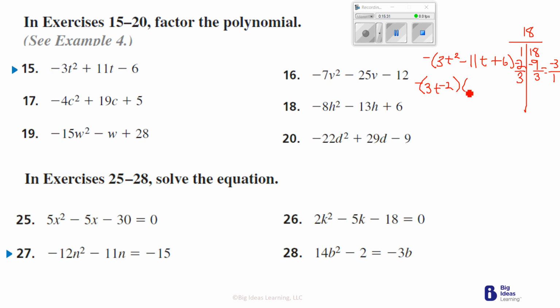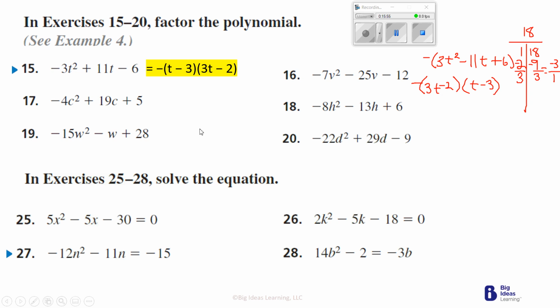So my coefficient would be 1. That's going to be a t. And then that negative 3 will be my constant. All right, so I should have negative times 3t minus 2 times t minus 3. Let's see how I did. Negative, t minus 3 and 3t minus 2.